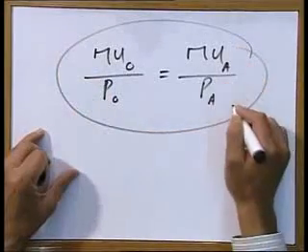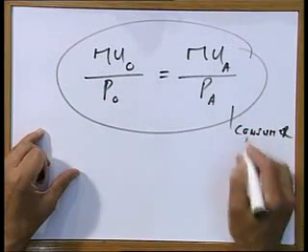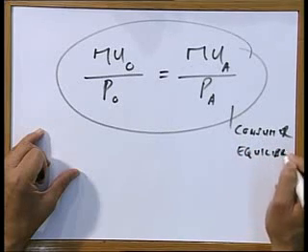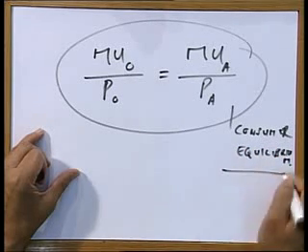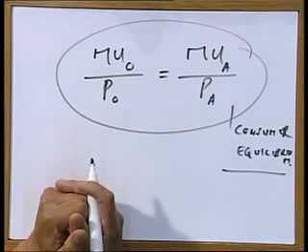This is consumer equilibrium. So the consumer has attained equilibrium. This is the equation for consumer equilibrium. Now we know, from what I mentioned at the beginning, that when in equilibrium the consumer is maximizing total utility.